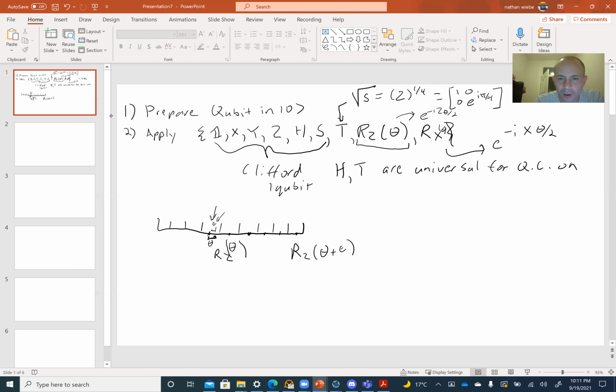So this is why we're working towards this. And I should mention the final thing that we of course need is measurement. We've described many times how measurement of this one qubit works. But these are the elements that we have in our computational model, and we're going to be proving that these are universal.